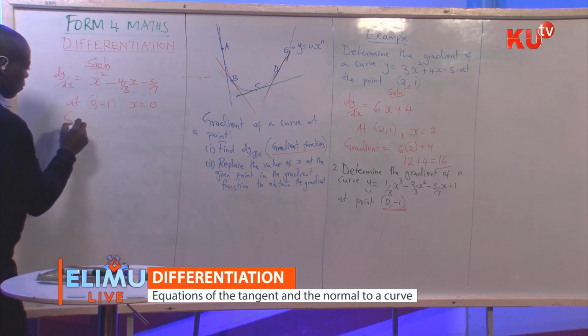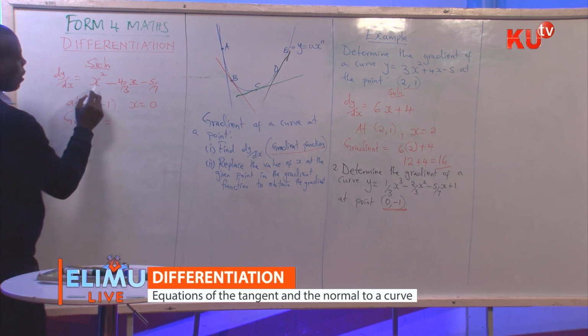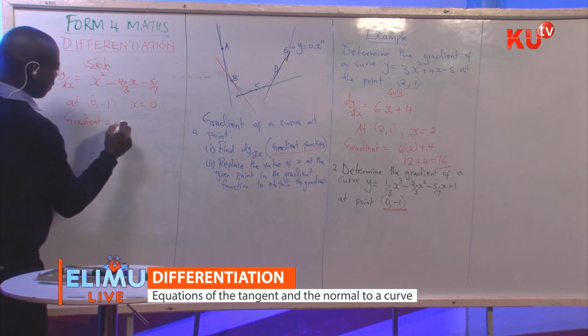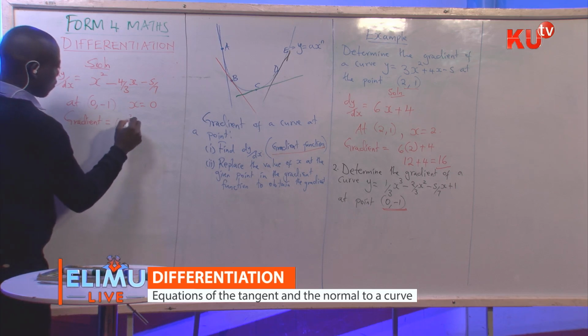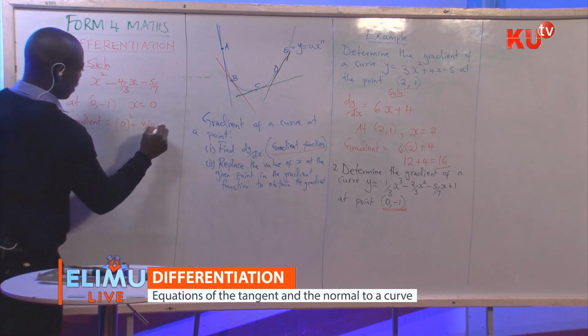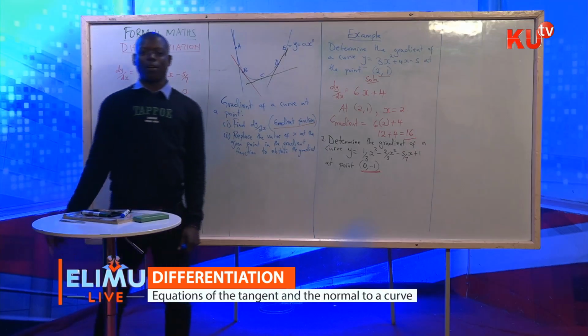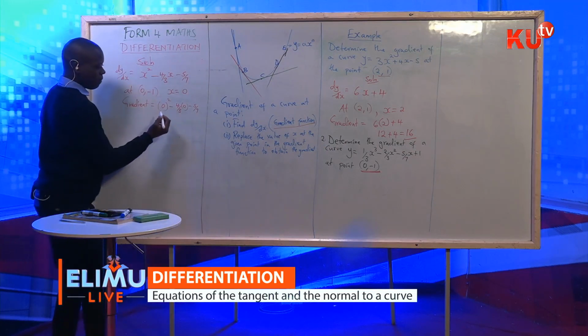So our gradient will be equal to, we replace in this gradient function, 0 squared less 4 over 3 into 0 less 5 over 7. Those who have calculators, what do you have?